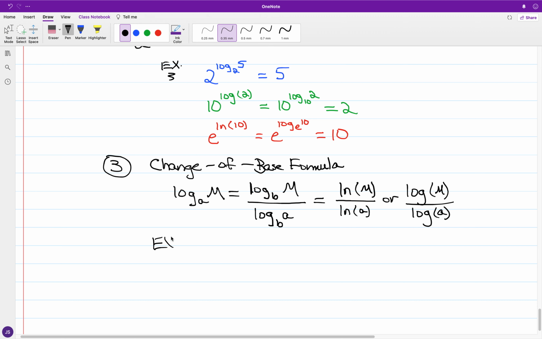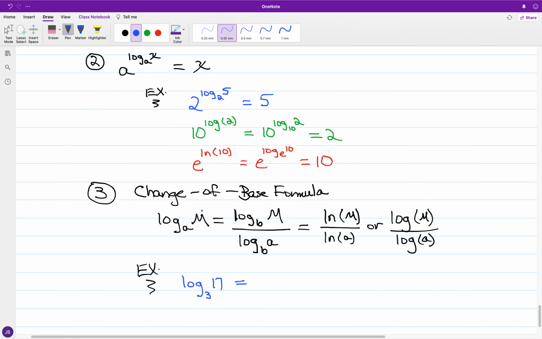And to show you how this would play out, if I have a base 3 logarithm of 17, m is represented by 17, a is represented by 3.